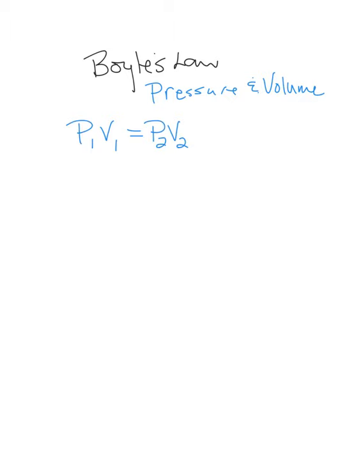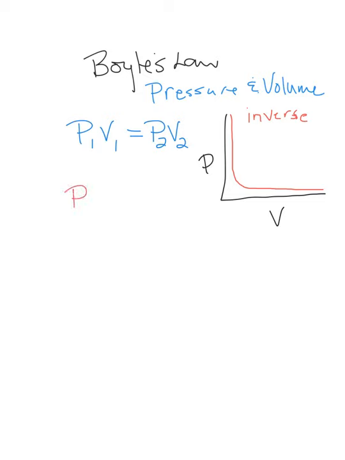That graph with pressure over volume looks something like this. And like I said, this is an inverse relationship. That means, for example, let's say pressure is going to increase from P1 to P2.